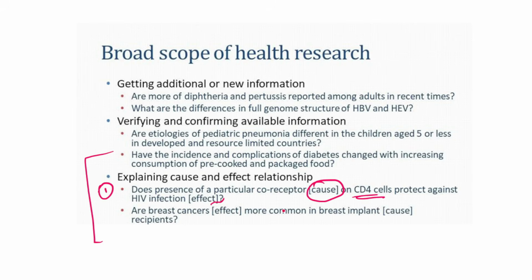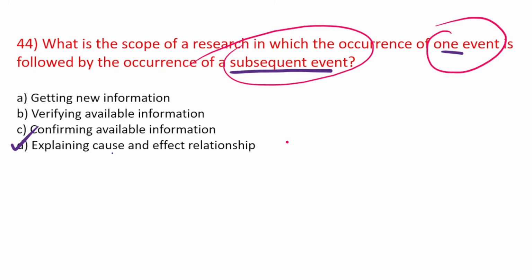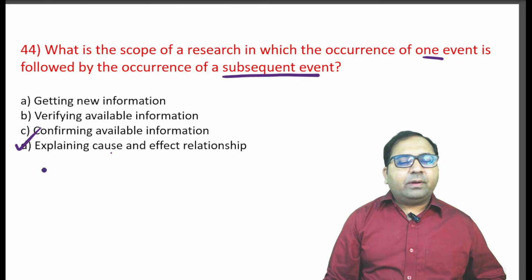Second example is that using a breast implant, can it cause breast cancers? So the breast implant is the cause and breast cancers are the effect. So this is another example. So with these two examples, please understand regarding the cause and effect relationship, the question and also the answer for this question. Okay.